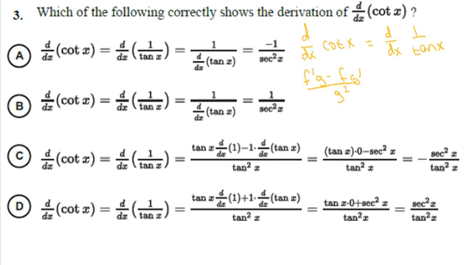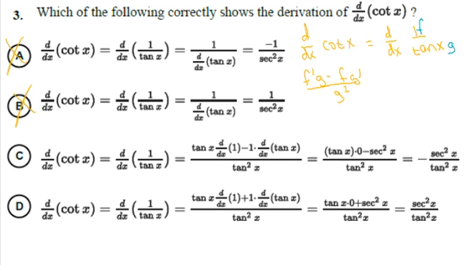Looking at this, we can go ahead and rule out A and B. That doesn't look anything like our quotient rule. Here's f and here's g, so we're looking at f prime g.